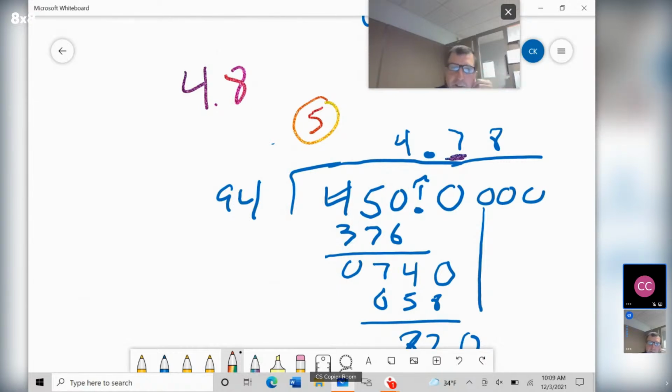It says round to the nearest whole number. And in this case, you would see 4.7, it's closer to 5 than it's closer to 4 because of that 7, so we'd round up to the 5. But if this number here was like, say it was 4.4, it would be 4 then because the 4 is less than the 5.